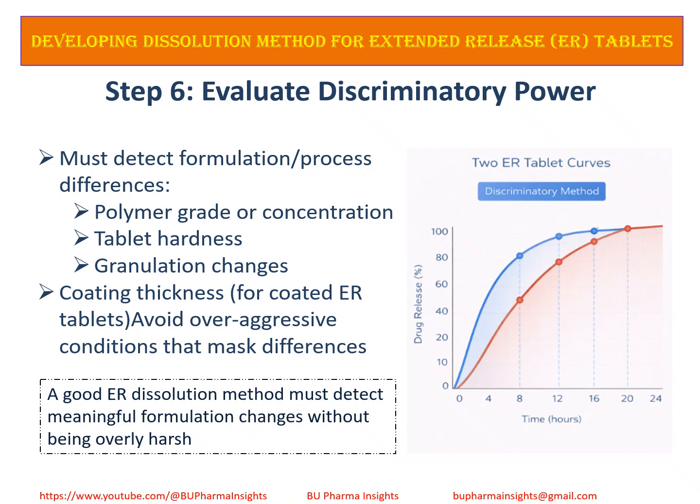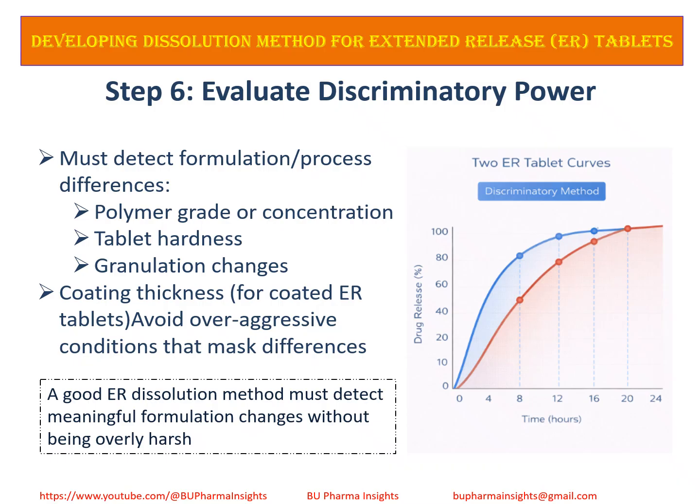Discriminatory dissolution testing is a regulatory expectation, especially for SUPAC MR and ANDA submissions. Regulators want proof that the method can detect meaningful formulation or process changes, not just pass compliant batches.